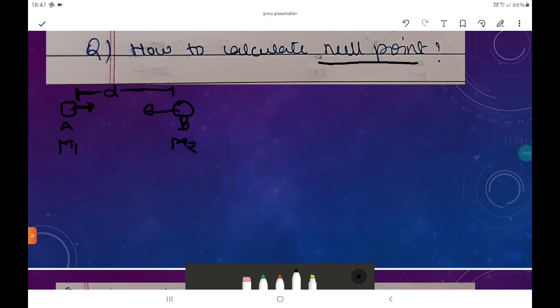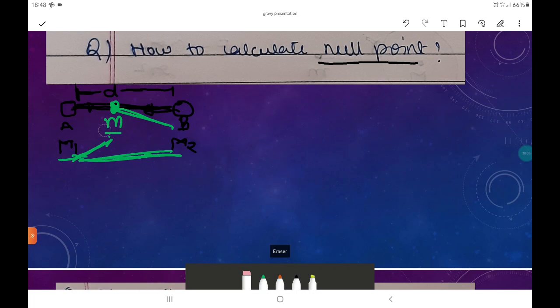So in this d distance, there will be one point where I will keep a small mass m. Now between m1 and small m there is some gravitational force, similarly between small m and m2 there is some gravitational force, and between m1 and m2 there is some gravitational force.